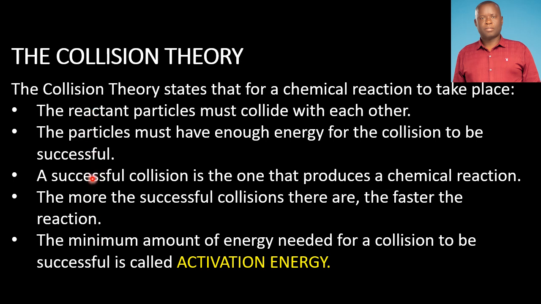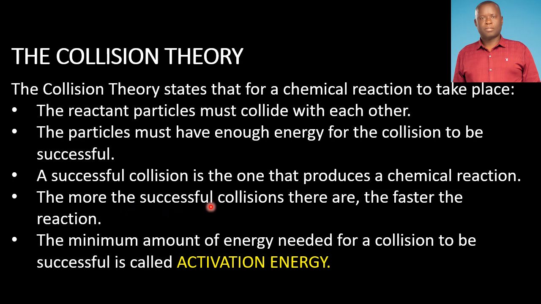Please take note that the collision theory has 4 parts. If they ask you to describe the collision theory, you have to include all these parts. So 4 marks, 1 mark goes to each point. The reacting particles must collide with each other. The particles must have enough energy for the collision to be successful. The successful collision is the one that produces a chemical reaction.